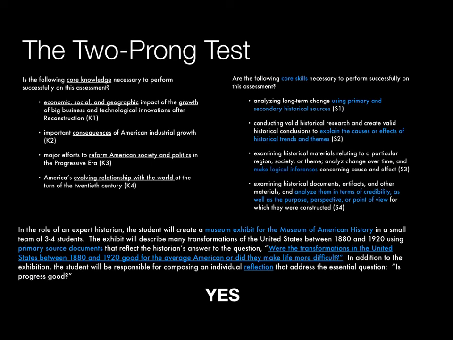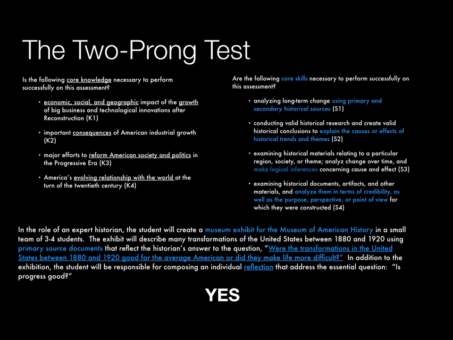With the two-prong test, this is where we consider how the core knowledge and skills are embedded within the assessment. We will check for alignment as we've done previously with transfer, enduring understandings, and essential questions. In the two-prong test, we ask two questions. Does a student need this core knowledge, underlined on the left, to successfully complete the assessment?